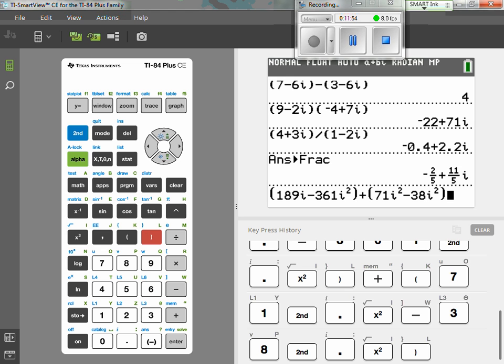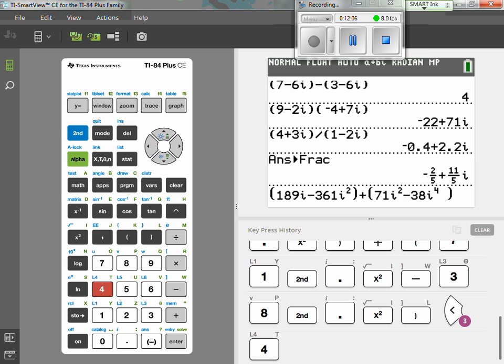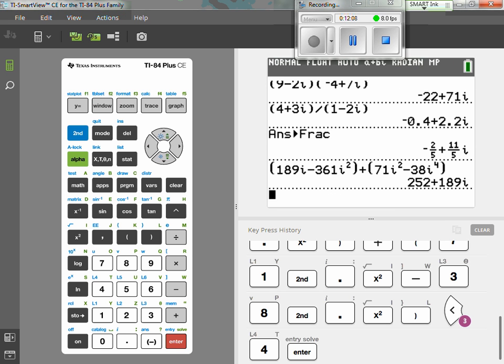Is this it? I feel like there were some powers greater than 2. The last one's 4. So the answer for this is 252 plus 189i. And that's all we have to do for this here.